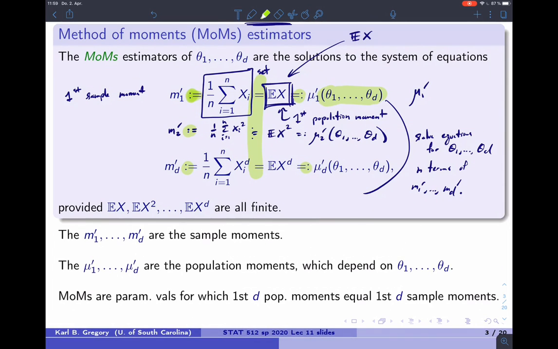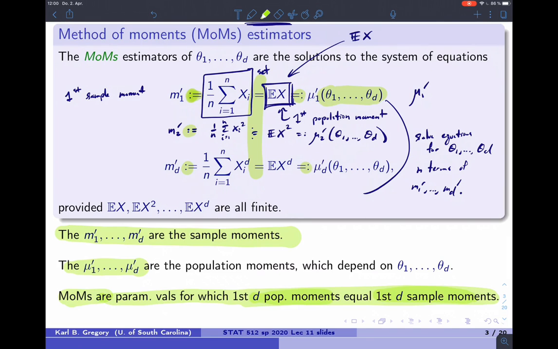Okay, so here the sample moments we denote with these m's, the population moments we denote with these mu's. And so the method of moments estimators are the parameter values under which the first d moments between the population and the sample are set equal.